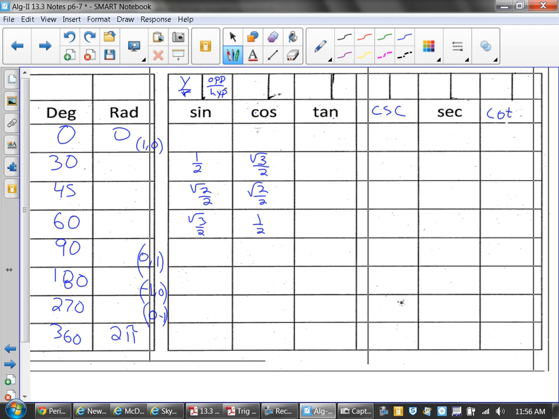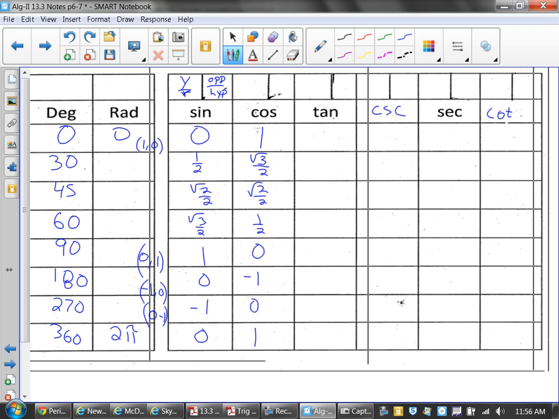For example, the sine at 0, what's the y coordinate there? 0. What's the x coordinate? So it's the cosine. And so on. Cosine of 90 is 0. Sine of 90 is 1. Cosine of 180 is negative 1. Sine of 180 is 0. Cosine of 270 is 0. Sine of 270 is negative 1. 2 pi mirrors 0.